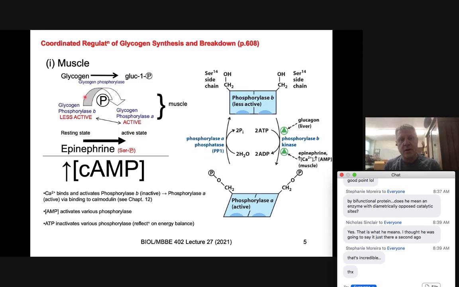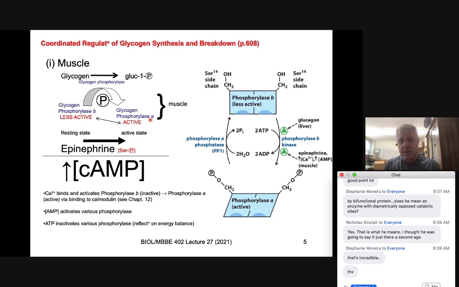There's always going to be some level of activity occurring at a resting state or at an active state. And this resting or active state is dependent on a single phosphorylation. We want a quick, rapid response in regards to going from the glycogen phosphorylase b, which is less active, to the active form, glycogen phosphorylase a. And this is specifically in muscle.